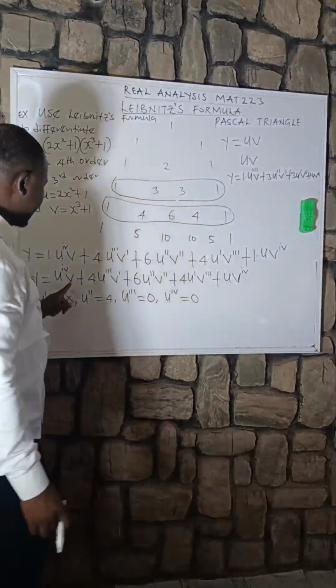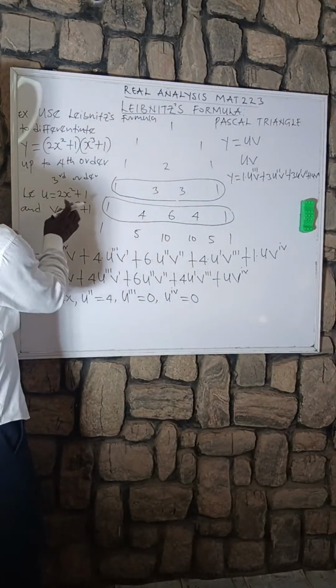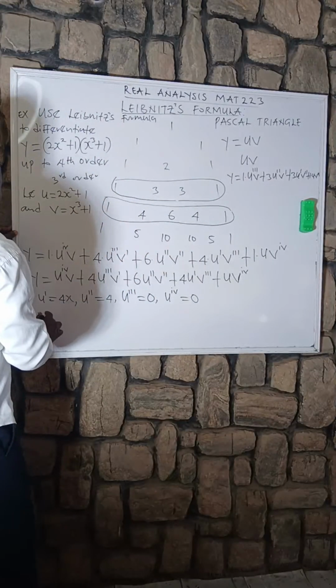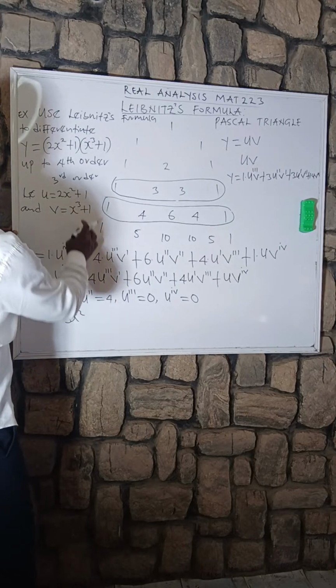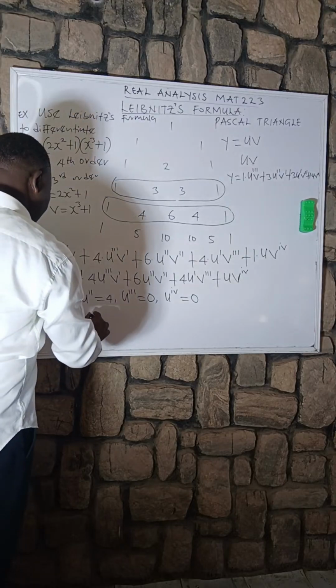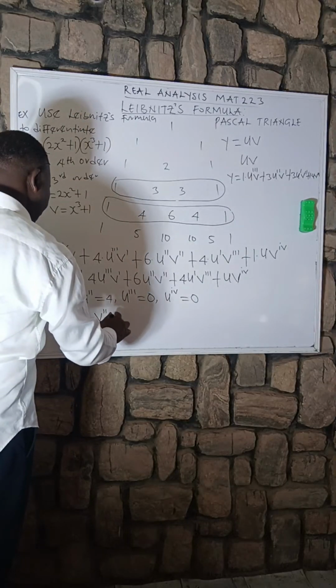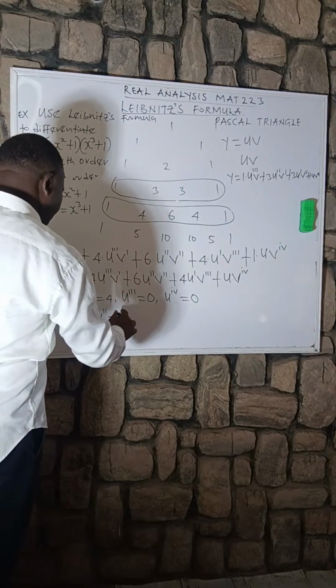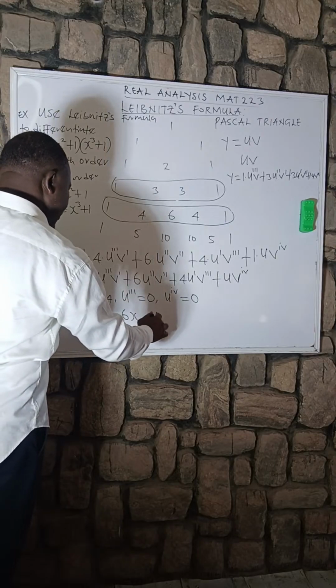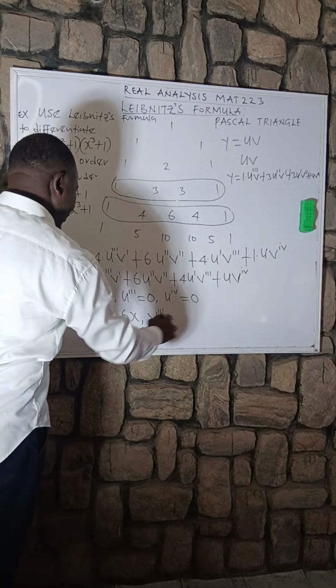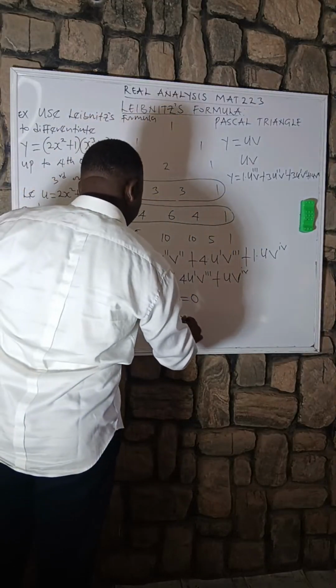The same thing is applicable to V. We differentiate this V. V prime is going to give us 3x squared. Here will be 0. Then V prime prime is going to give us 6x. Then V prime prime prime is going to give us 6.